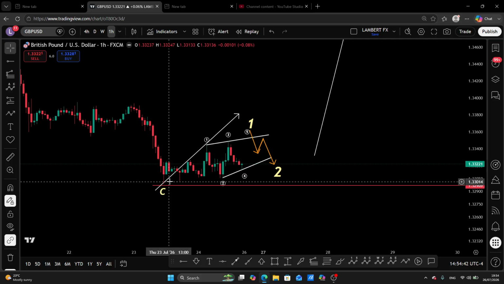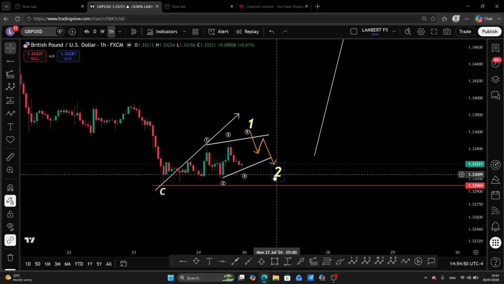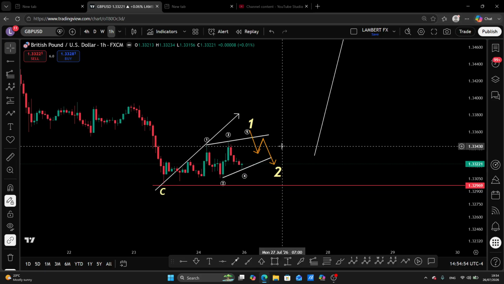Unfortunately, I can't tell you where to aim for your 3 for your profit, because I've not seen the second leg finish. Until I see the second leg, I'll be able to project using my fib extension to give you a good idea where we expect the 3 to complete.